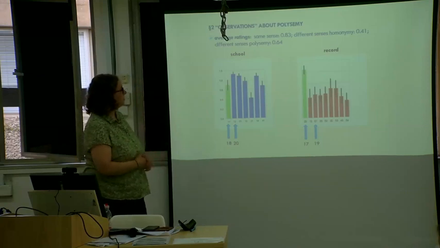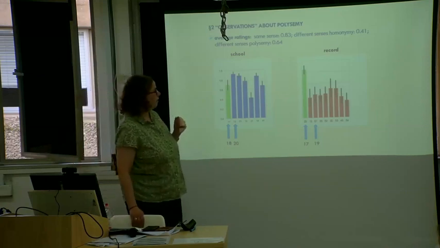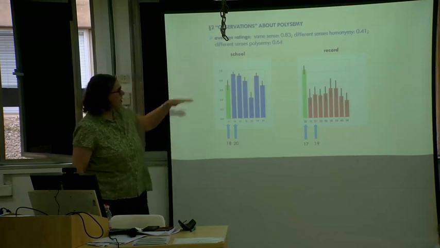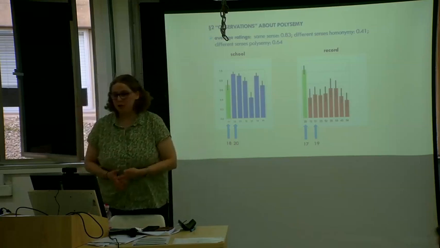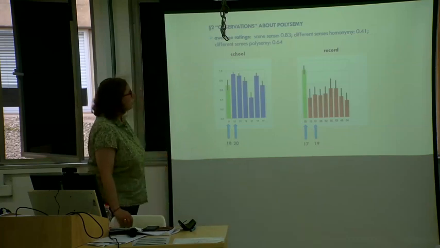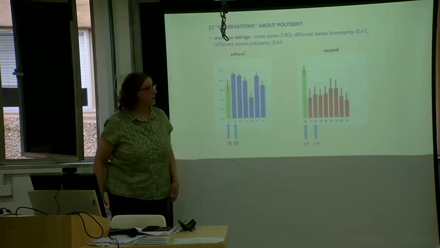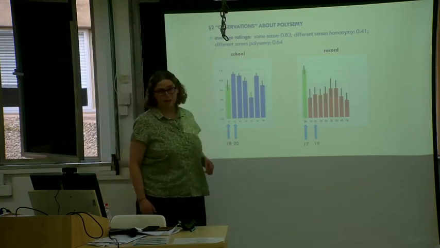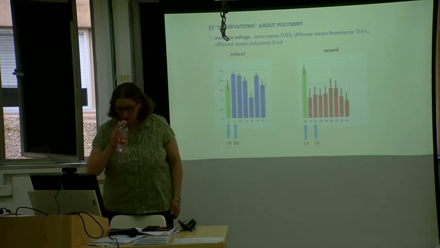And when you conjoin different senses of polysemy, you got 0.64. Okay, so this already confirms that doing this conjunction reduction for polysemy is much more acceptable than for homonymy. You might still think, especially with the results we got from school, that it's a bit low, right? It's still significantly lower than the same sense thing.